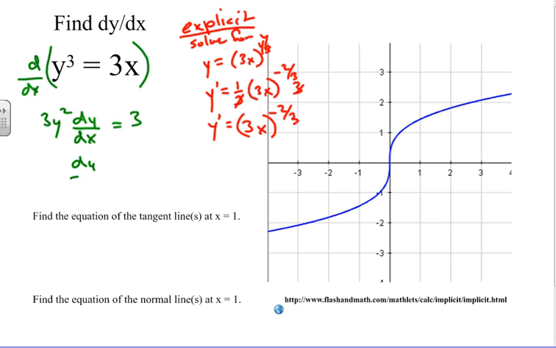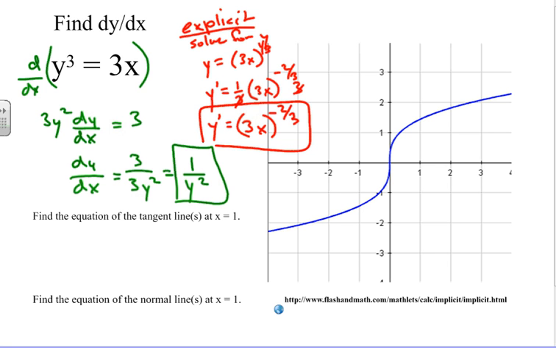Solve for dy dx equals 3 over 3y squared. Simplify, 1 over y squared. What's an easier equation? I don't know, to each his own, but this right here and this right here are equivalent. They give an equivalent slope.